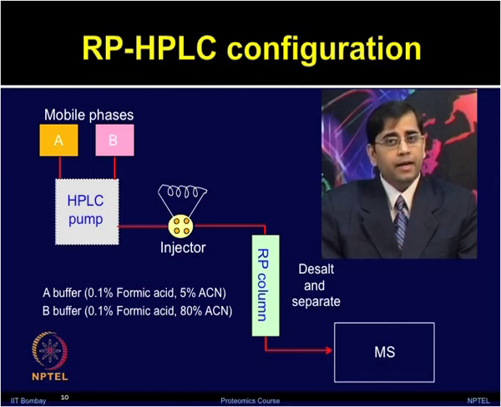Then run the gradient of increasing mobile phase B. Now, wash the reverse phase with buffer B and then re-equilibrate in A. In this way, the peptides can be separated, and prior to MS analysis, they can be desalted so that there is no interference of salt.